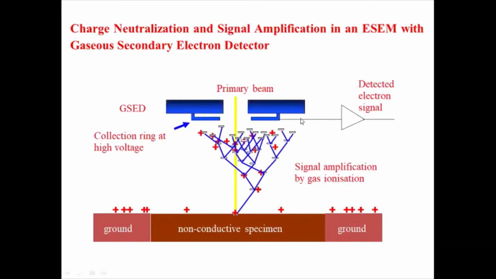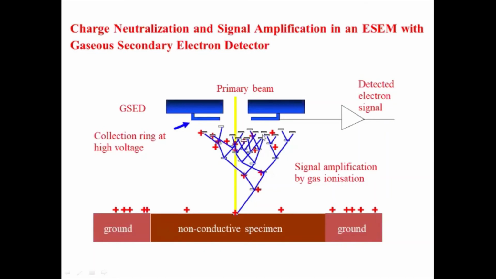And since the detector is biased, they are accelerated, they gain kinetic energy. So they ionize the residual gas. So again a secondary will be generated. It will collide with the residual gas. So slowly you will have an ionization of the residual gas, and the secondary signal will build up and reach the detector. So this is called the gaseous secondary electron detector.